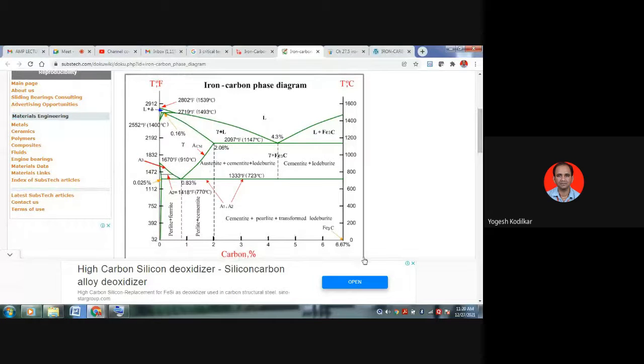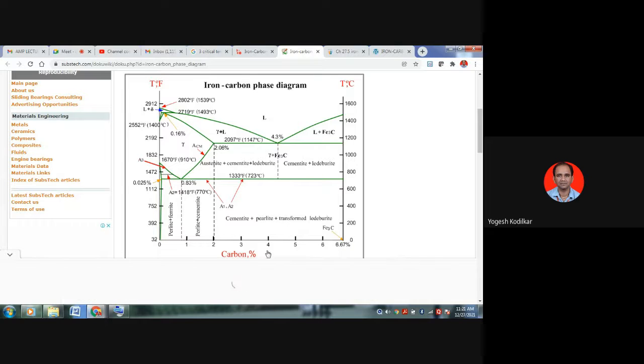So you can see students, this is the iron carbon equilibrium diagram in detailed structure. Here there is temperature in Fahrenheit as well as temperature in degrees Celsius also. So this is your iron carbon equilibrium diagram. You can see students here there is a weight percentage of carbon, from 0% for plain iron to 6.67% of carbon.